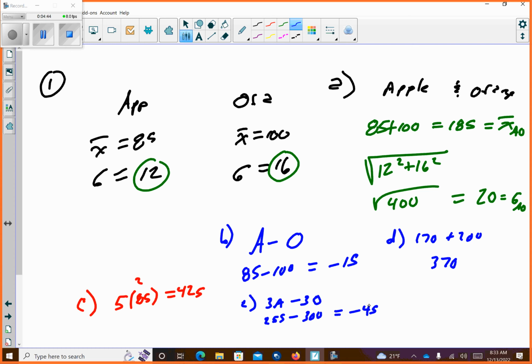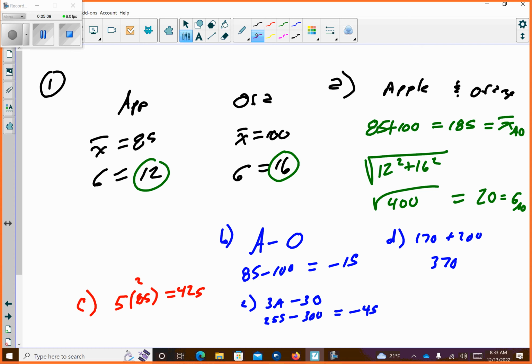But that right there is a real good common error, because what did they ask us to find on number 1? We wanted to find the standard deviation of each. So though I've done this, it's not necessarily done yet.